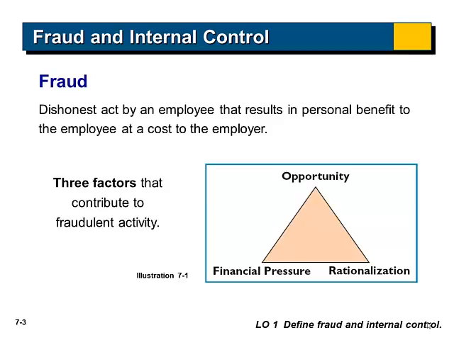And so you'll see this triangle right here that shows 3 factors that contribute to fraudulent activities. This is very well known in the accounting and business community, and it's called the fraud triangle. And there are 3 points on the fraud triangle, that being opportunity, financial pressure, and rationalization.